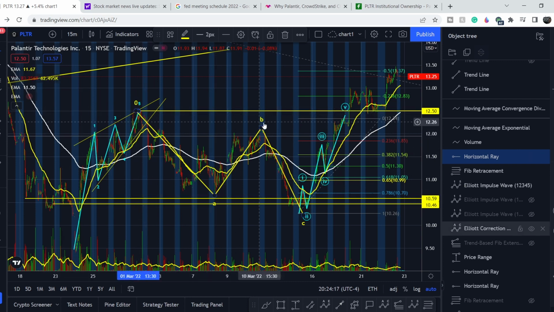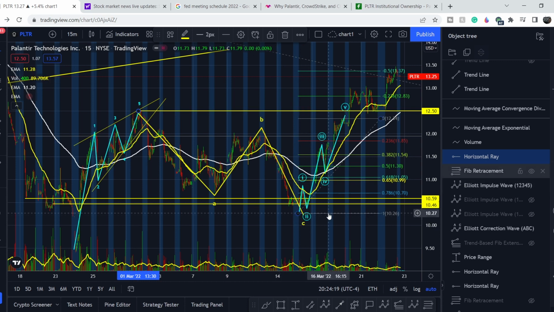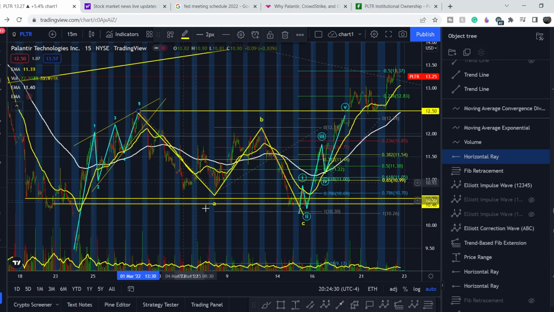Then we had this ABC correction to the bottom of the C wave, and this bottom is very technical because if I project the length of the A wave from the top of the B wave, we have a one-to-one extension exactly at the point where we hit this bottom.